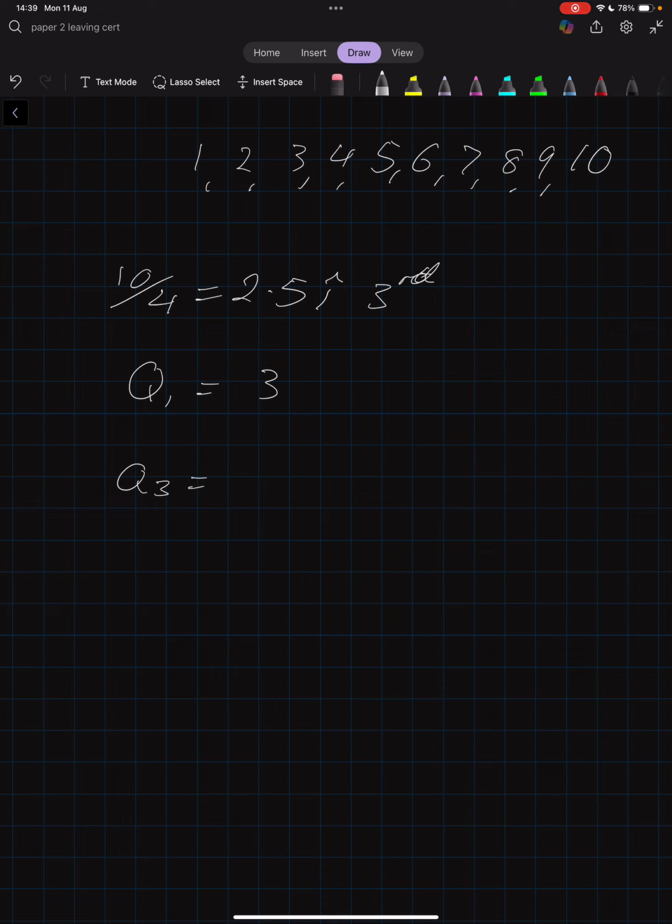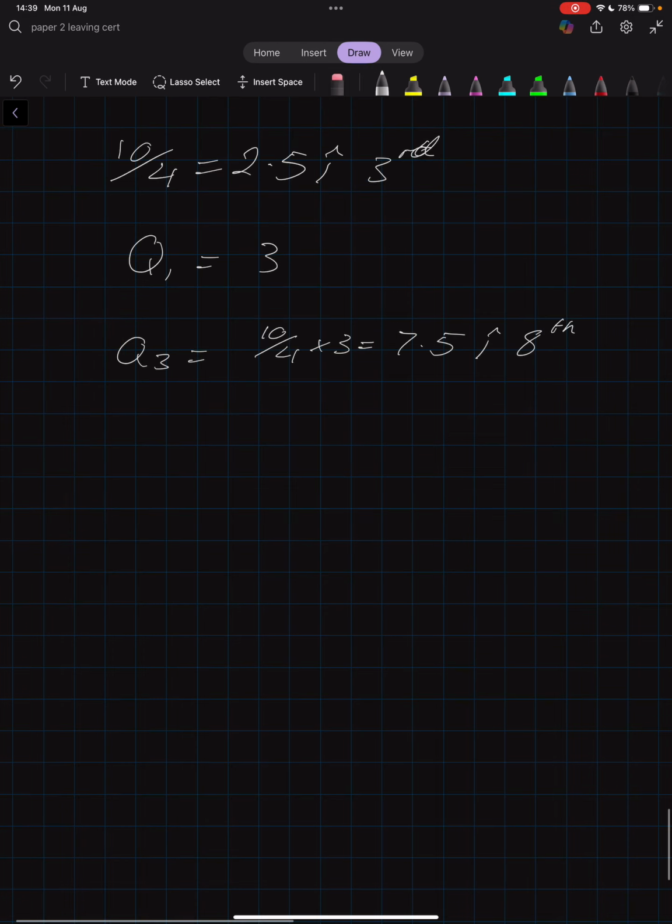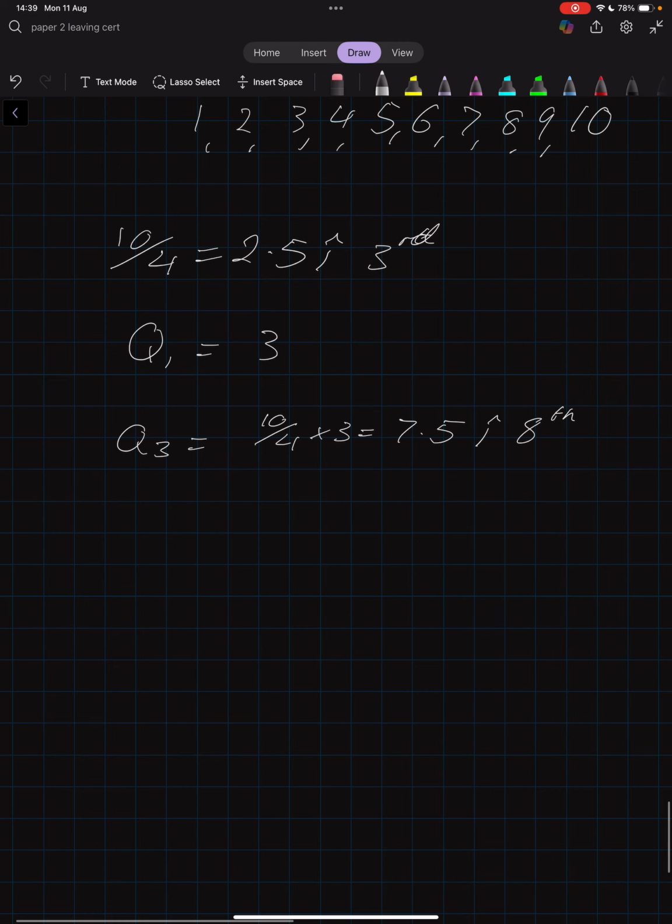The third quartile is going to be 10 divided by 4 multiplied by 3. That's going to be 7.5. You round that up to the 8th. Okay? Then with this one, the 8th number is just going to be 8. So Q3 equals 8.